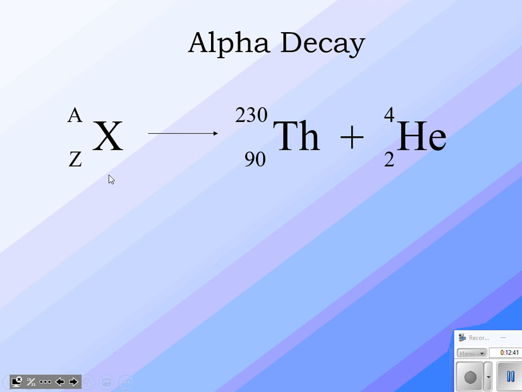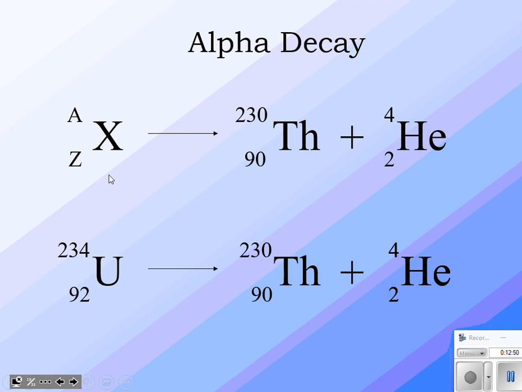So what's my A for uranium going to be? 234. Good. So 234, 92. So I can go from unstable to stable or vice versa, stable to unstable. I could do it either way, and this is just setting up my equation based on what I'm given.